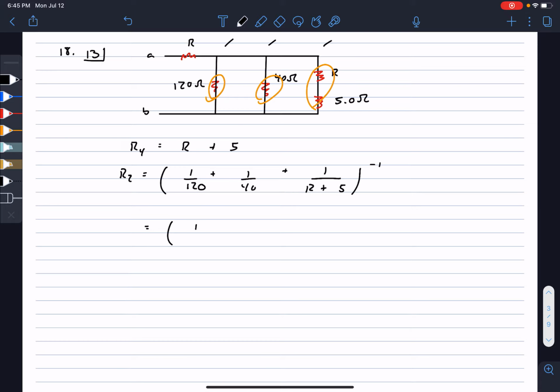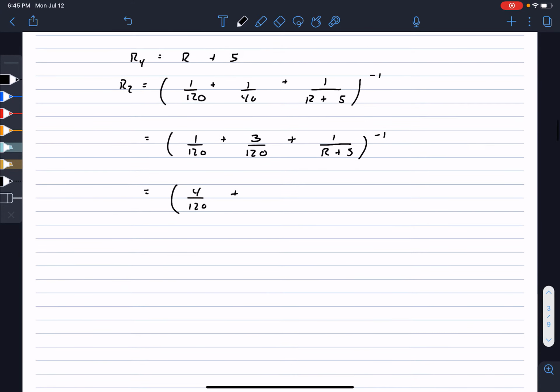Okay, so then we have 1 over 120 plus 3 over 120 plus, we'll just do this R plus 5, and this is all inverse, and this is going to give us 4 over 120 plus, which would just be 1 over 30, plus 1 over R plus 5, inverse.